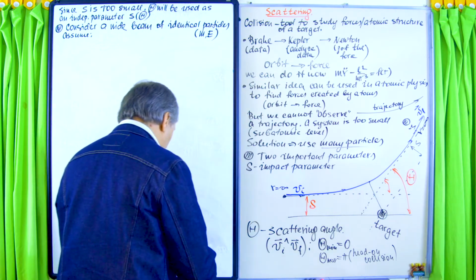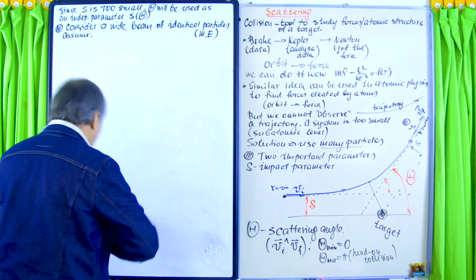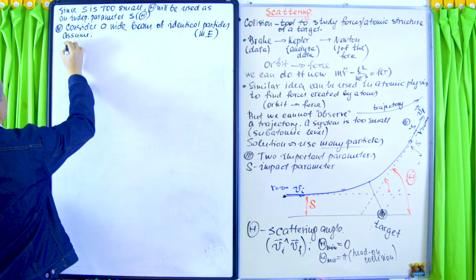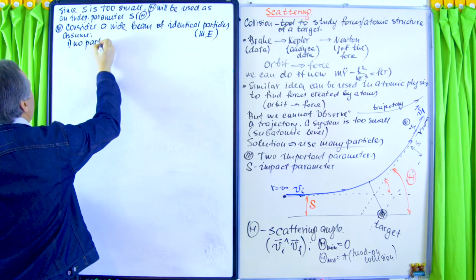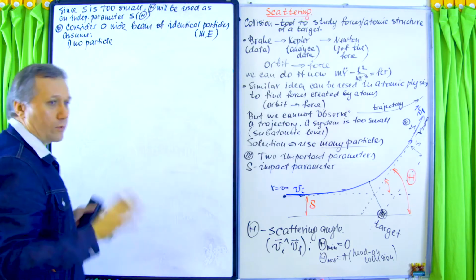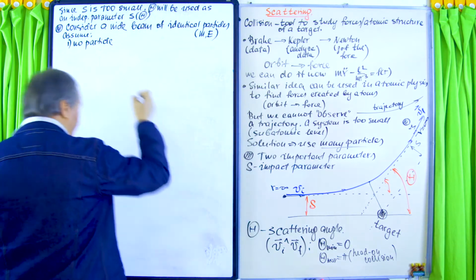So of course now it's an unbound orbit. So no particle absorption, that's the first assumption. We're going to use this fact to derive what needs to be derived. No particle absorption.